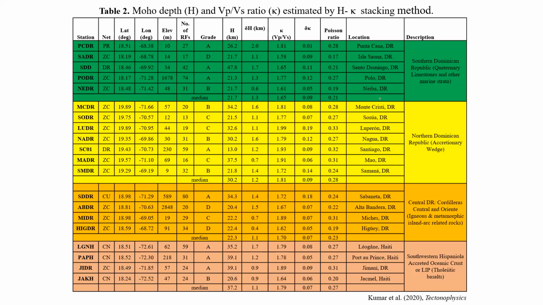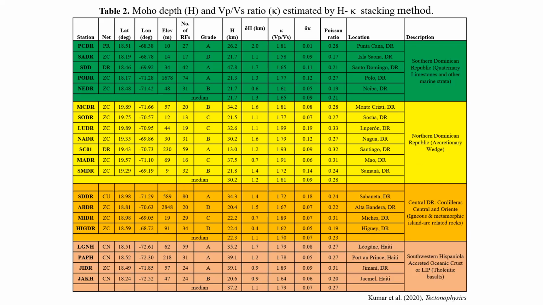And this is the table he compiled for the various values of the Moho thickness and Vp/Vs for the respective stations. Based on his result, he divided his entire area into 4 domains. One is the Southern Dominican Republic domain, which is primarily composed of limestone and other marine strata.